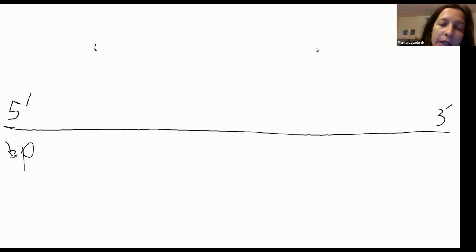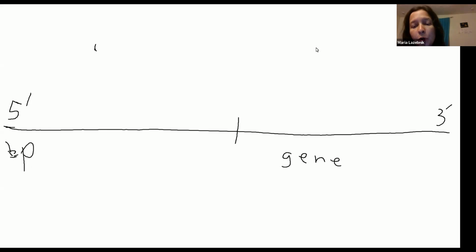Okay, so somewhere here, we have something called the TSS. First of all, this is going to be our gene right here. And the gene is made of both coding sequences known as exons and non-coding sequences known as introns. Okay, so this is our gene.